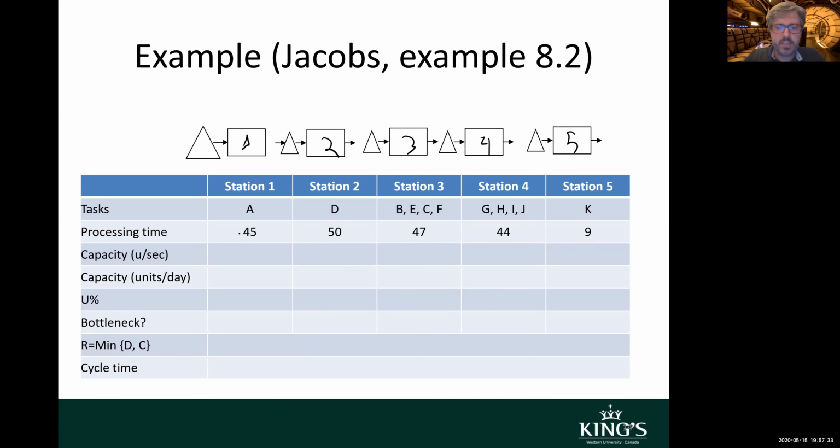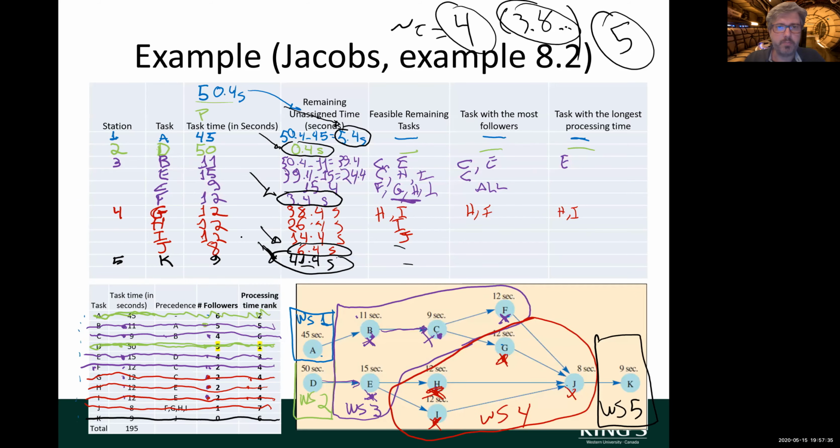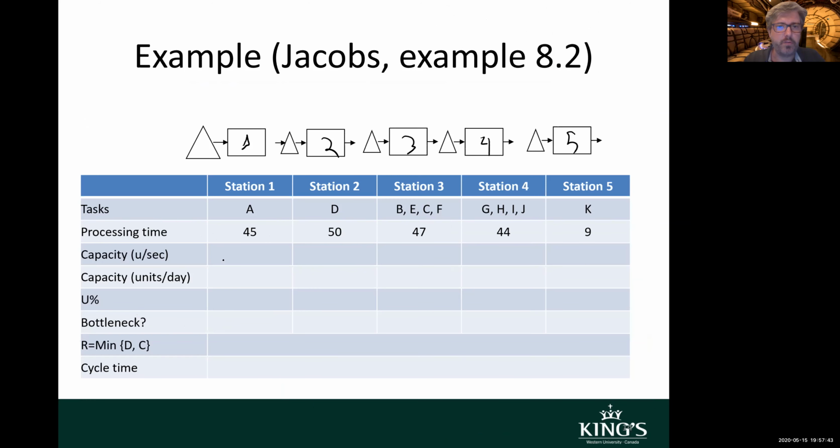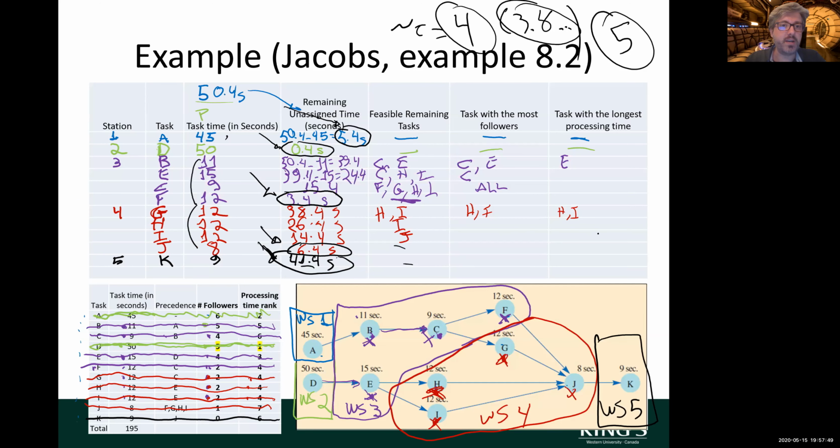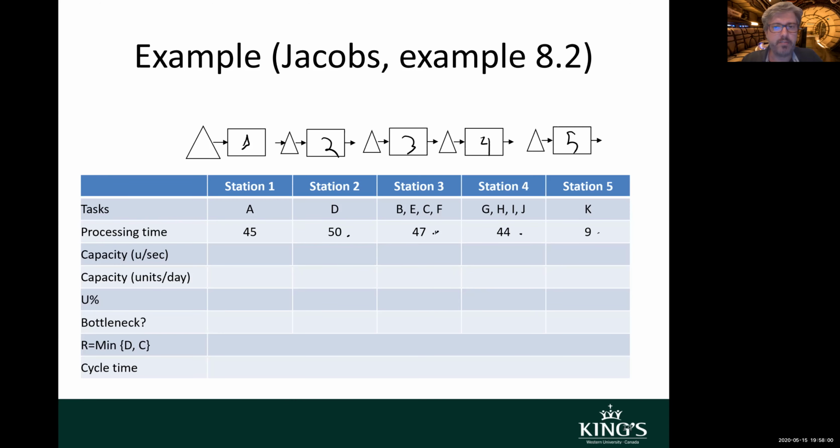I'm summing up: 45 seconds, 50 seconds, 47, 44, and 9. All I did was sum up these times. 45 seconds, 50 seconds. Now I have 11 plus 15 plus 9 plus 12, right? So that is 47.